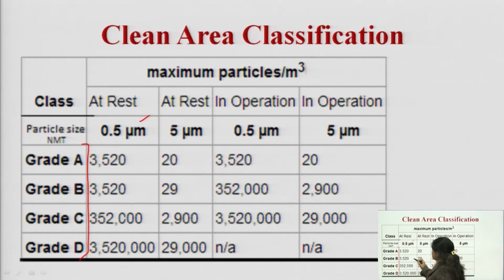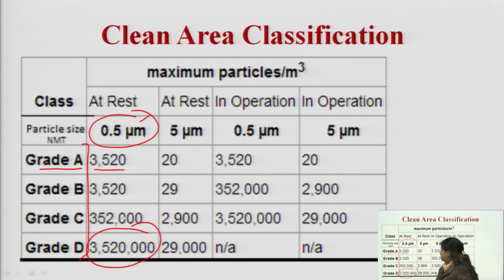Now we see grade A. In grade A, if we consider a dust particle with a size of 0.5 micrometer, only 3520 particles are allowed, whereas in grade D, as you can see, the area is highly contaminated with dust particles of size 0.5 micrometers.